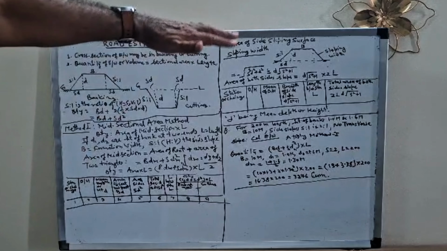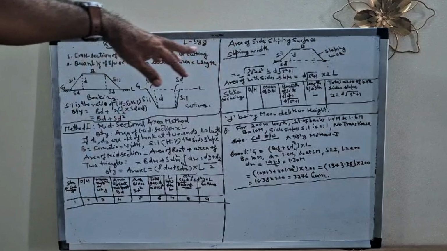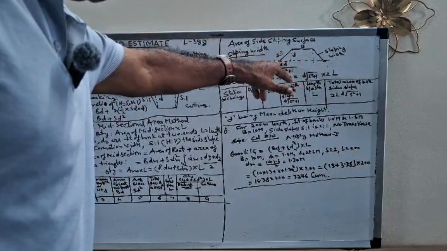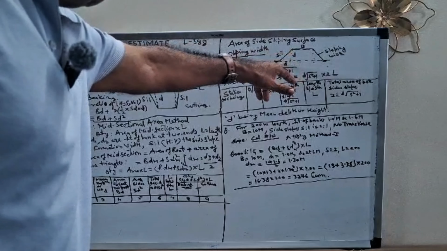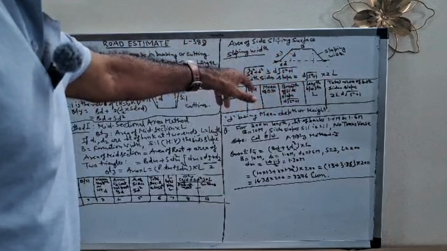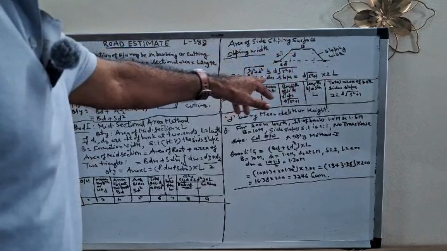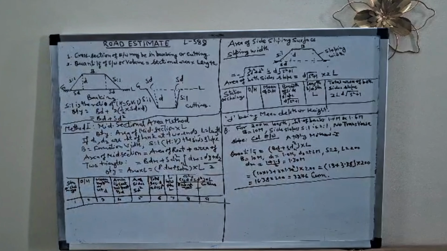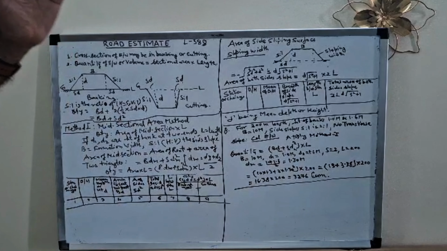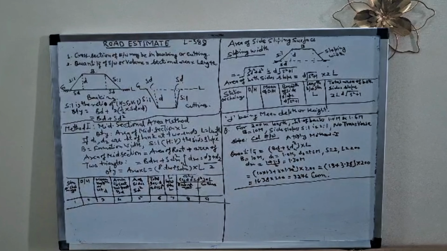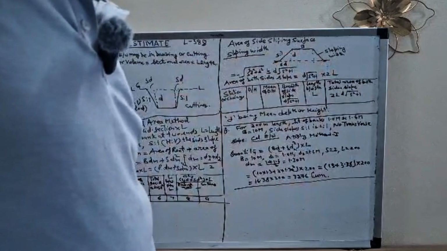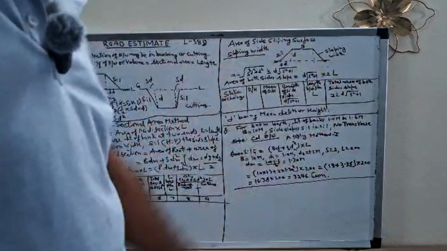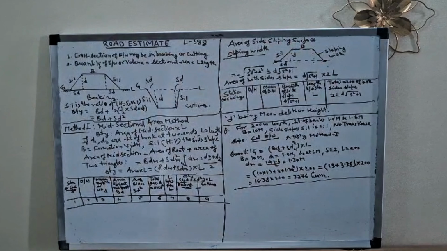Now the area of the sloping sides. This is D, this is SD. So the sloping width is D root over S square plus 1. If you have to make pitching on the sides, this area is required, which is the area of both sides of the slope: D root over S square plus 1, into 2 for the 2 sides, into L, the length of the cross section.